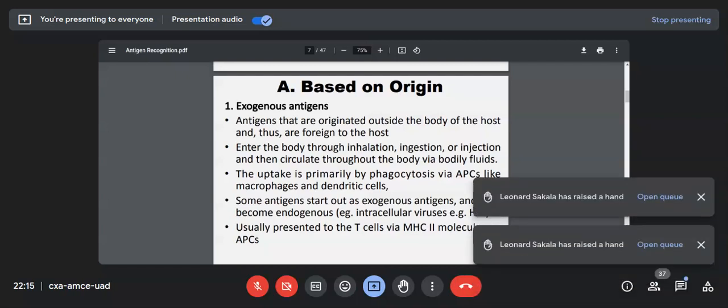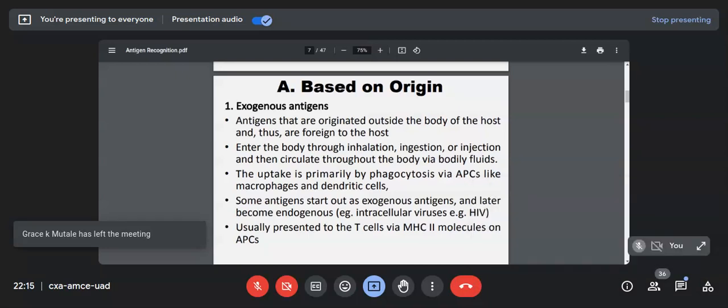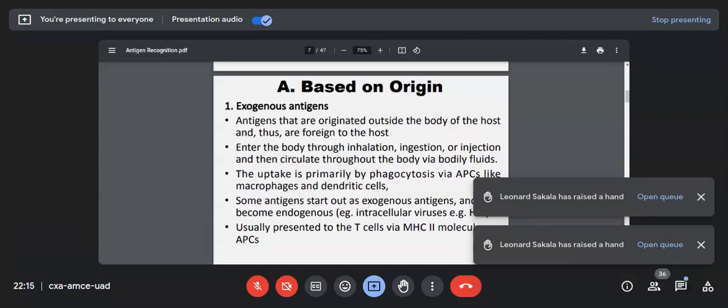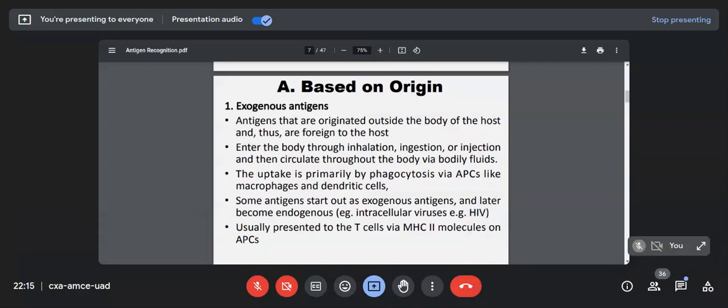So they use a specific molecule known as an MHC. Yes, Dr. Leonard, let me just finish up a bit before you come in. Okay, so they use a specific molecule known as an MHC class 2.